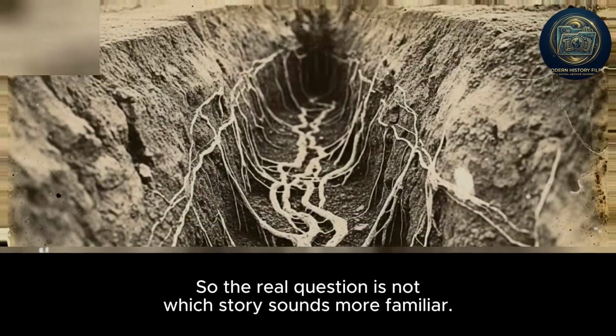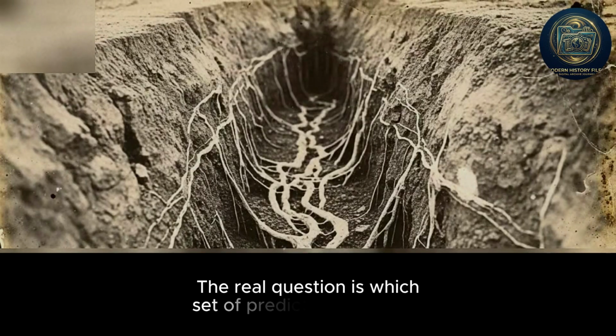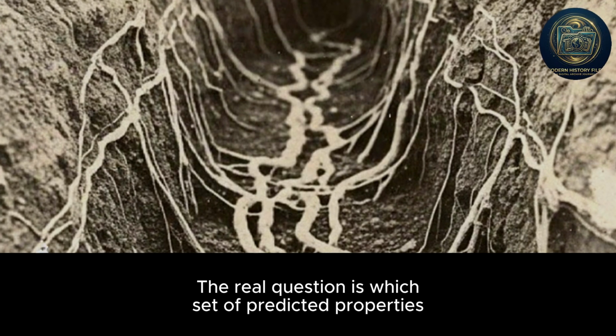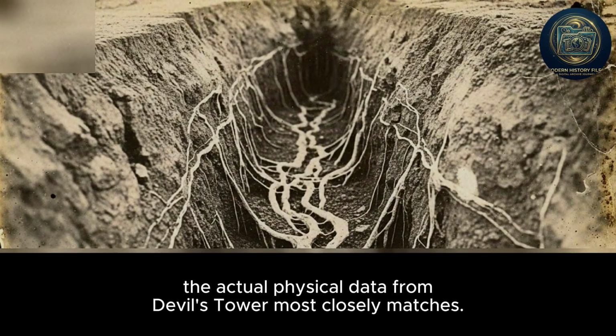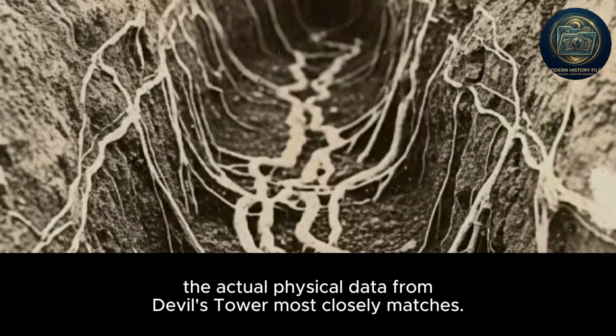So, the real question is not which story sounds more familiar. The real question is which set of predicted properties the actual physical data from Devil's Tower most closely matches.